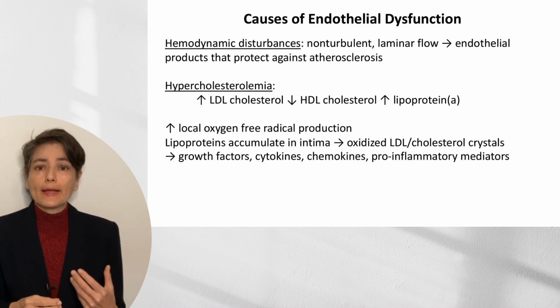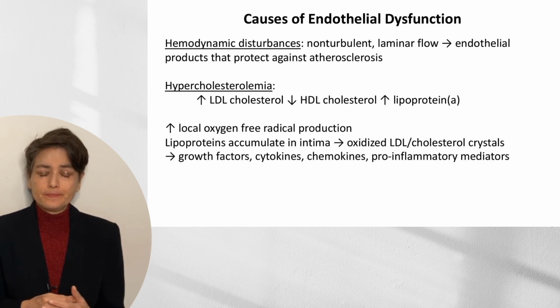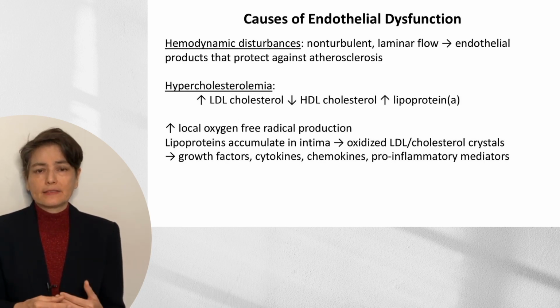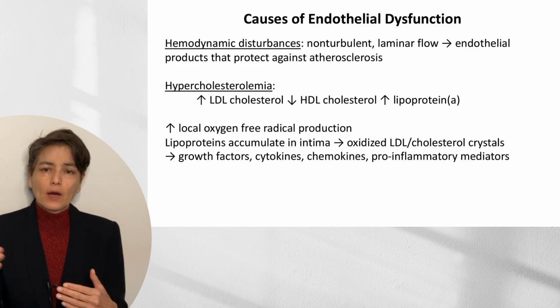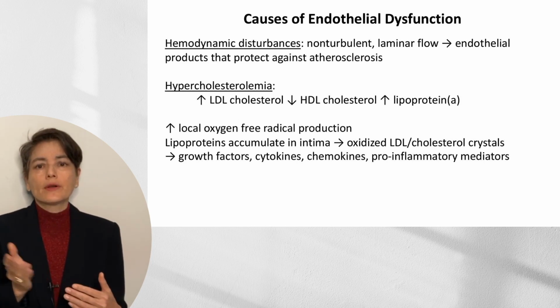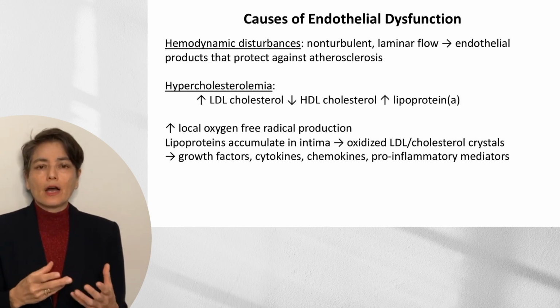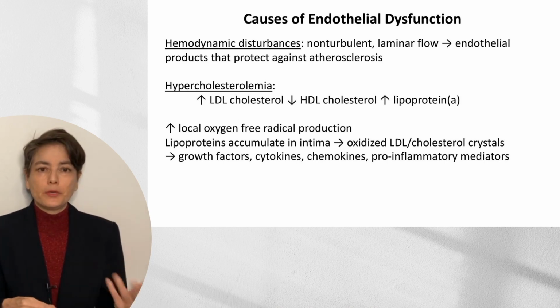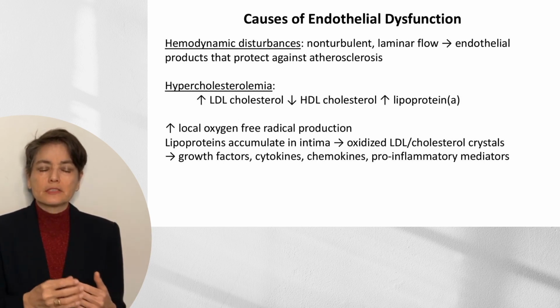However, in areas where we have turbulent flow, these proteins will not be elaborated, and we're going to have a pro-atherogenic surface. And one way that we can recognize this is that while the surface of the aorta is very smooth, where we have the ostia, so where the vessels are coming off, like the superior mesenteric artery or the vertebral arteries, there's going to be some turbulence to that flow.